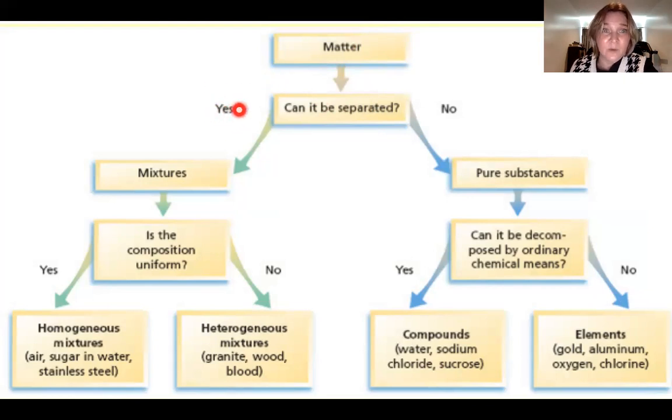If it can be separated, yes, then it's a mixture. No, pure substance. So if your answer is yes, it can be separated, then you ask yourself the next question. Is the composition uniform? Is it the same throughout the mixture? If yes, it's a homogeneous mixture or solution. If no, it's heterogeneous. If your matter cannot be separated, it's a pure substance.